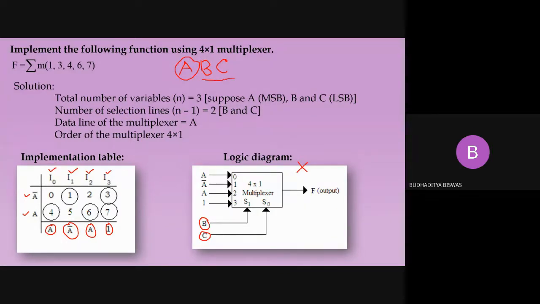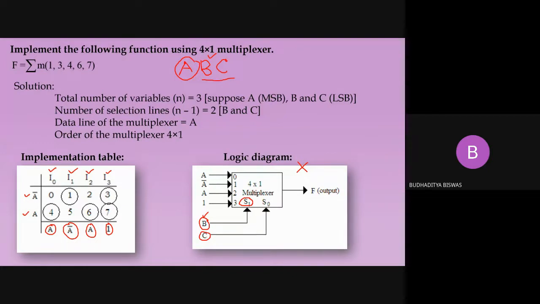B is the MSB compared to C. So B should be connected to the MSB of the selection line, S1. Don't interchange. The next MSB variable should be connected to the MSB of the selection lines, and the LSB should be connected to the LSB of the selection lines. If you interchange this, the whole drawing is erroneous. So B should be connected to S1, and C should be connected to S0.